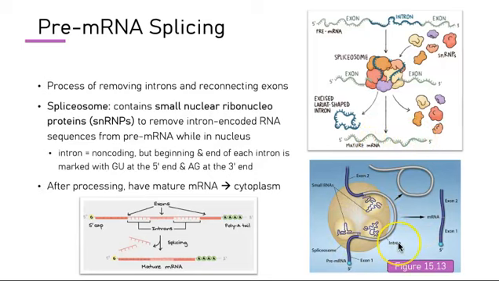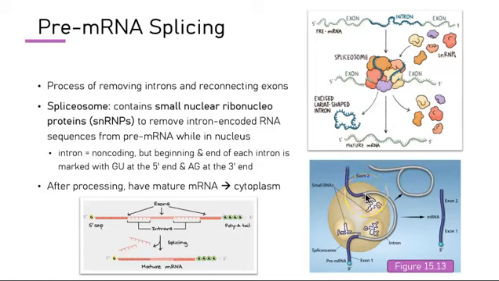And this is a figure from your book depicting the same thing. You could see that within this spliceosome we also have those small RNAs, and we are going to excise the intron out and bring our 2 pieces of exons together. Now you may be wondering, how do we know exactly where to cut this intron?